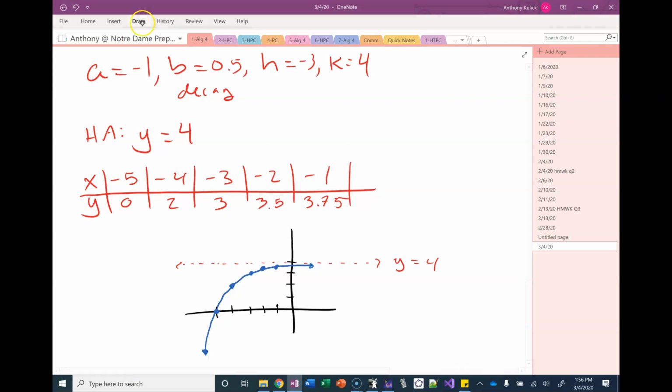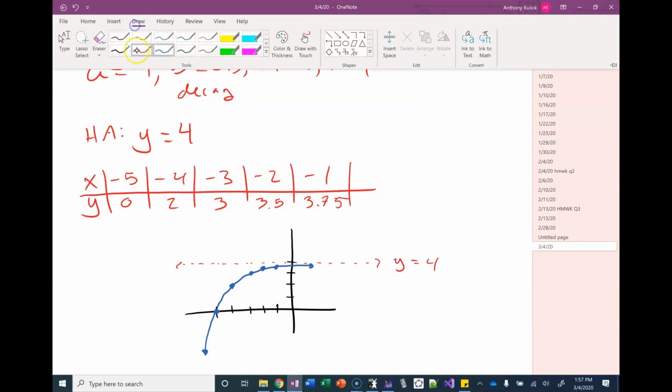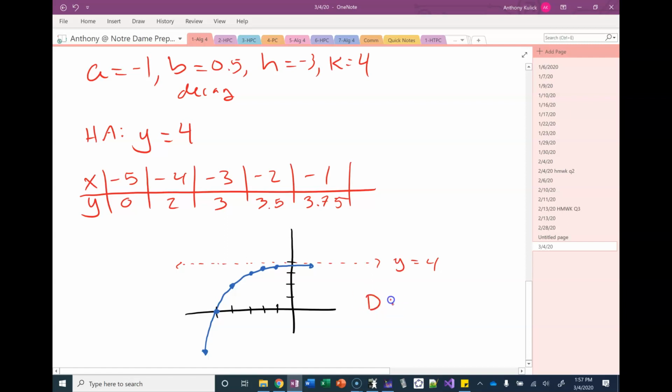Should look something like this. Last things to do is the domain and range. The domain is easy. It's always -infinity, +infinity for exponential functions. The range depends on a and k. Since the a value is negative, we start with -infinity, and then we end with k.